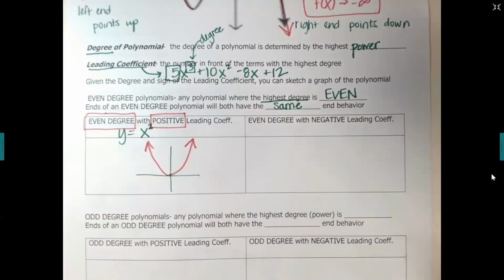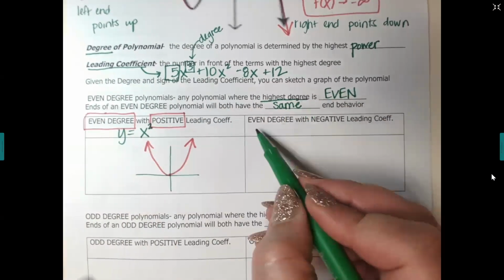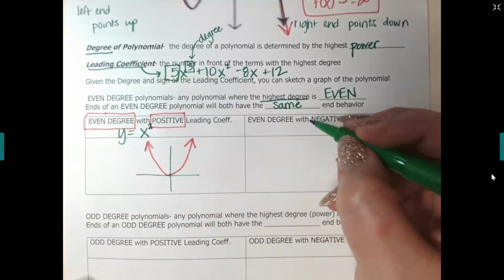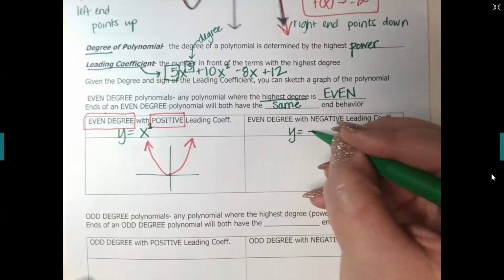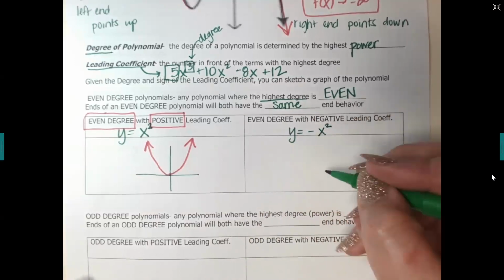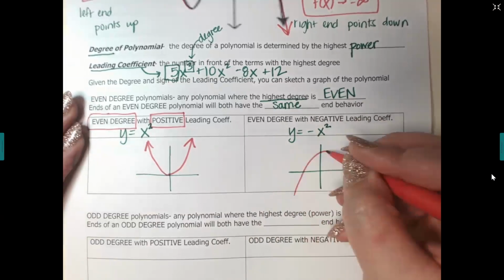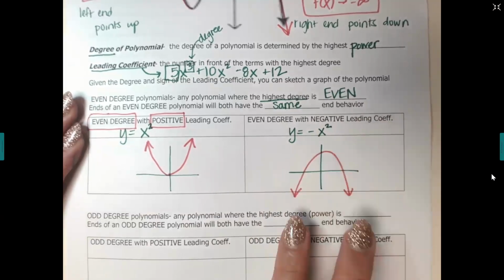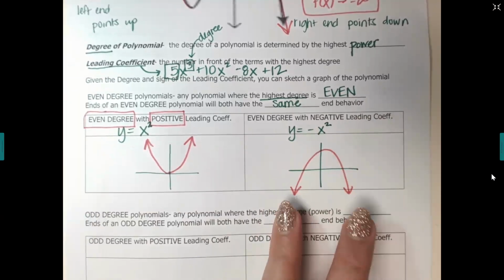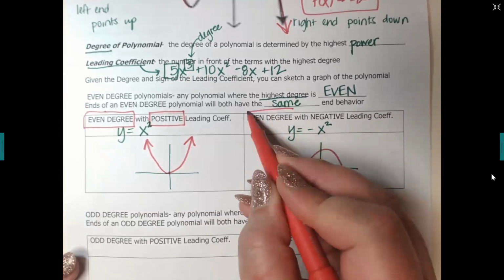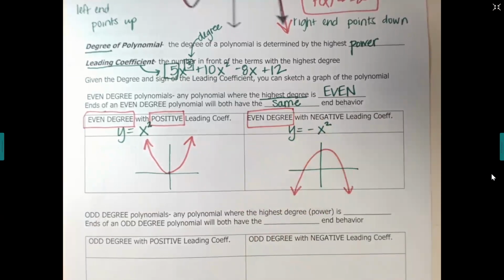Now, if you think about an even degree with a negative coefficient, like let's say negative x squared, well, we talked about all the last 2 weeks that with a negative x squared, both of your ends are going to point down. Either way, if it's an even degree, your ends are doing the same thing.